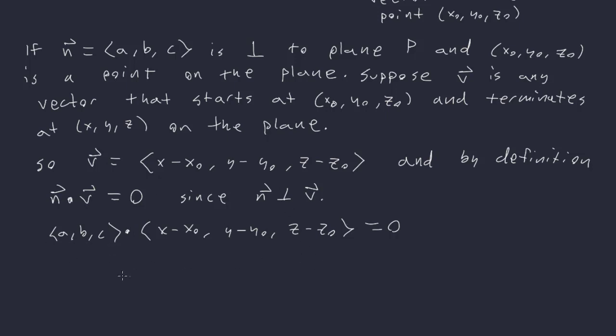So when we take this dot product, we'll get a times x minus x naught plus b times y minus y naught plus c times z minus z naught is equal to 0, and this is the equation of the plane.